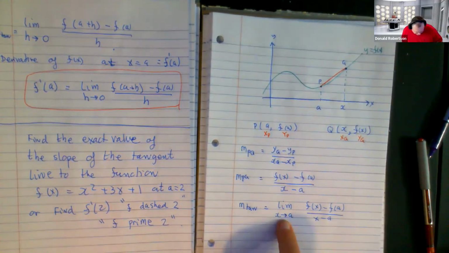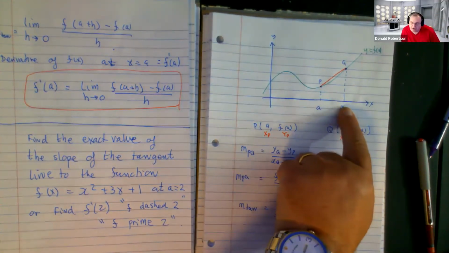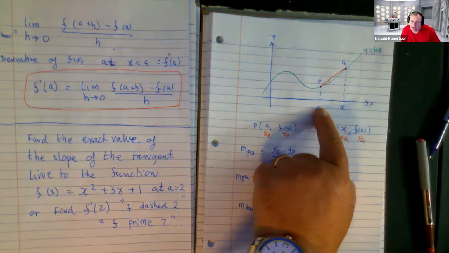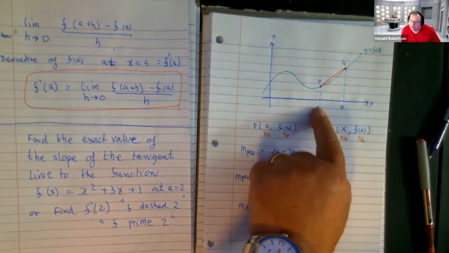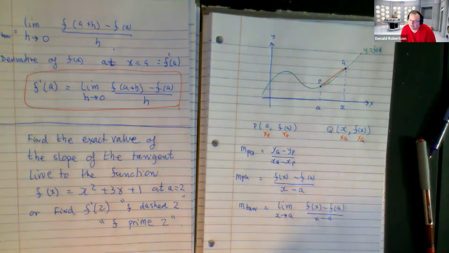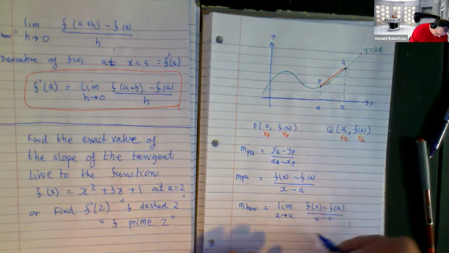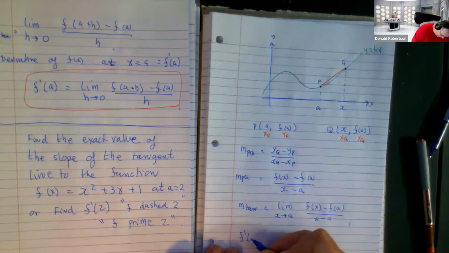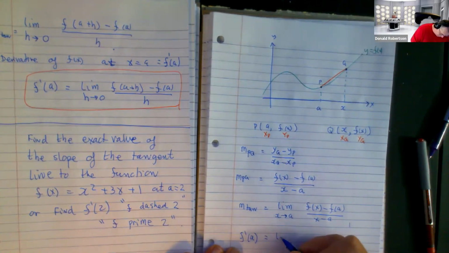Now, what does X tends to A look like? Aren't we saying this X becomes A, right? Aren't we making P and Q come together? So it's the same kind of idea, but a different approach. This fella is called a derivative as well, or a derivative formula.